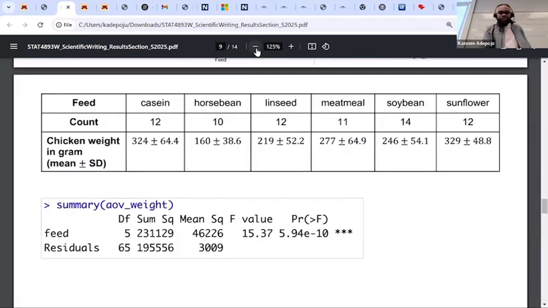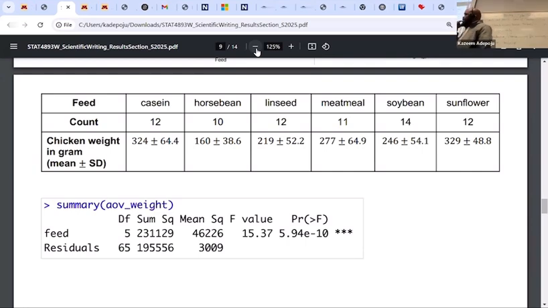Now, if you take a look at the descriptive analysis, the comparative box plot that I showed you the other time is giving us a sense that the means are not the same.